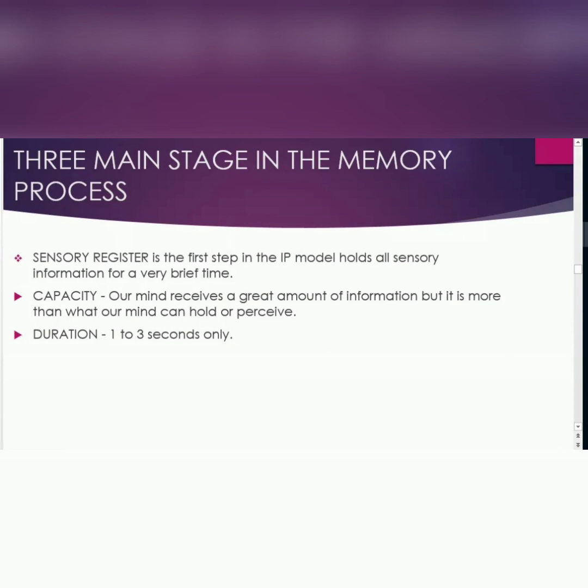Capacity: our mind receives a great amount of information, but it is more than what our mind can hold or perceive. Duration: 1 to 3 seconds only, which means if you really don't understand the instruction, in 1 to 3 seconds you will easily forget it.